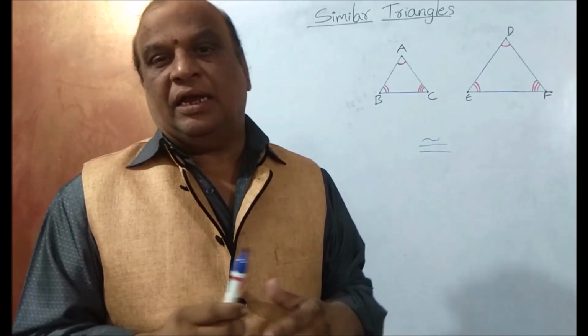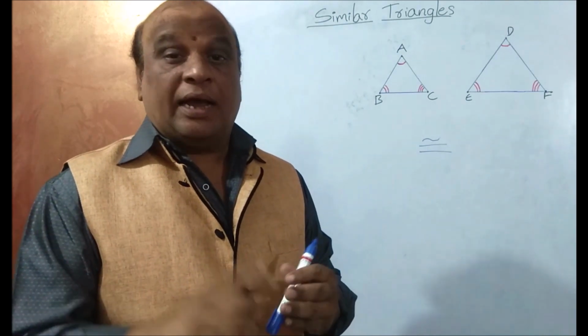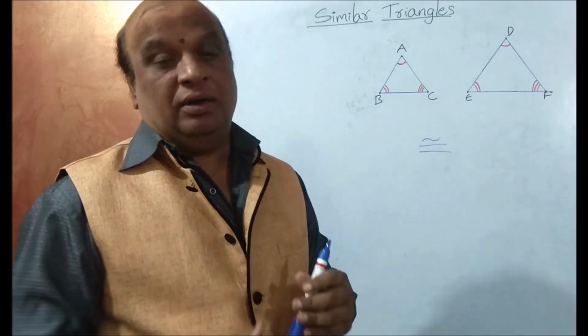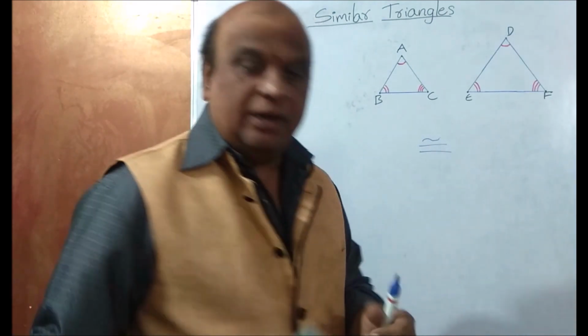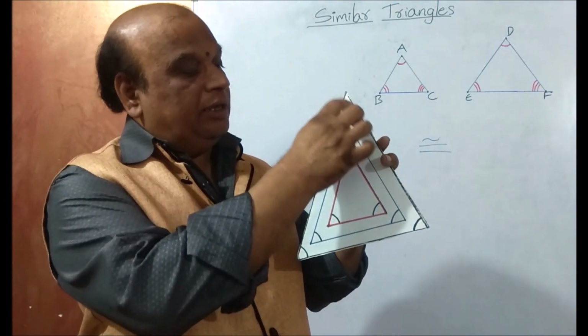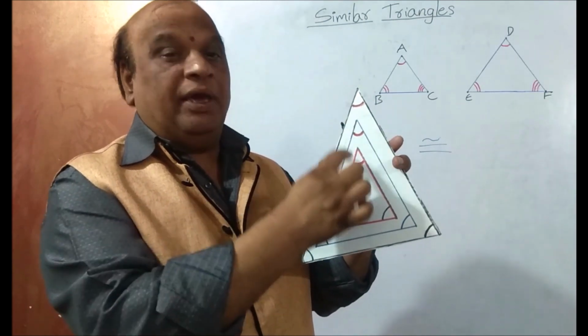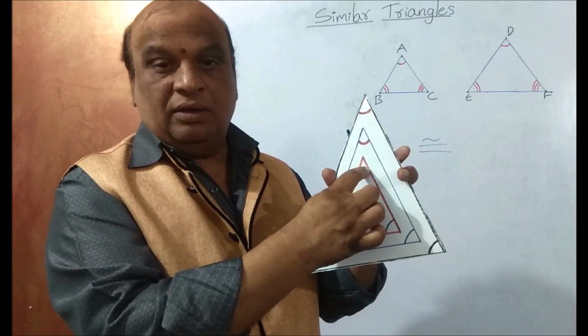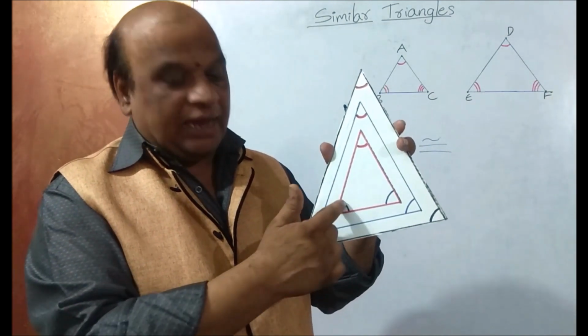What are the conditions of similar triangles? Number one, the first one is corresponding angles are equal. That is the first condition. If you observe this figure, what are the corresponding angles here? These three, this angle and this one, this one. These three angles should be equal. Here also these three angles are equal.